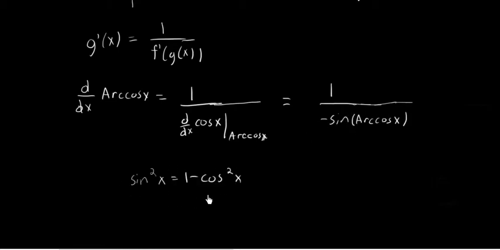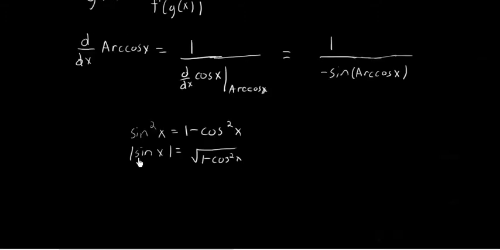So perhaps your recollection of trig identities reminds you that sine squared of x is 1 minus cosine squared of x. If we take the square root of both sides, the left side will become the absolute value of sine of x, while the right side will become the positive square root of 1 minus cosine squared of x. And this is because square roots by definition are positive.